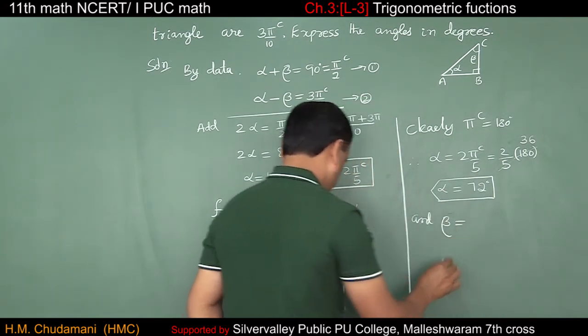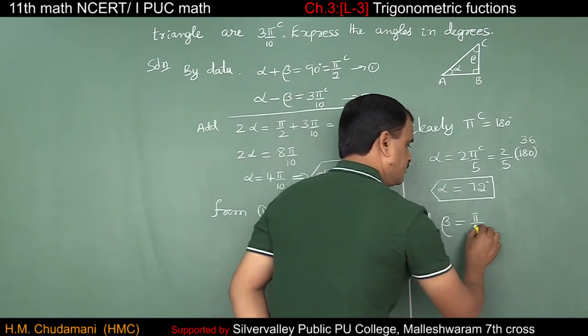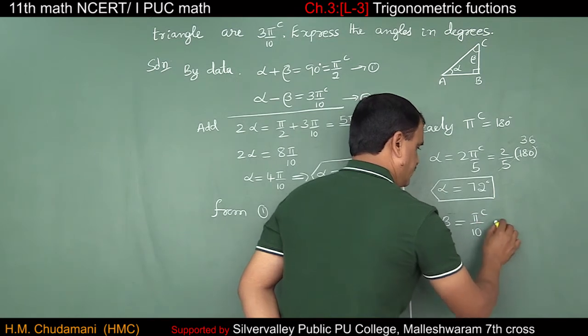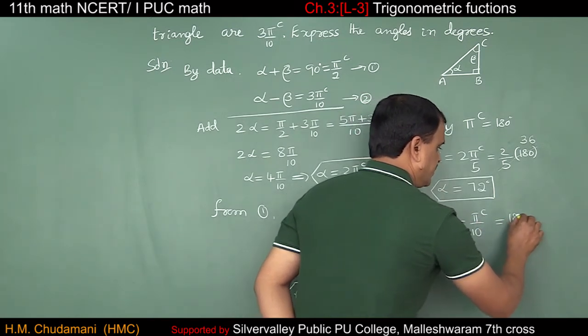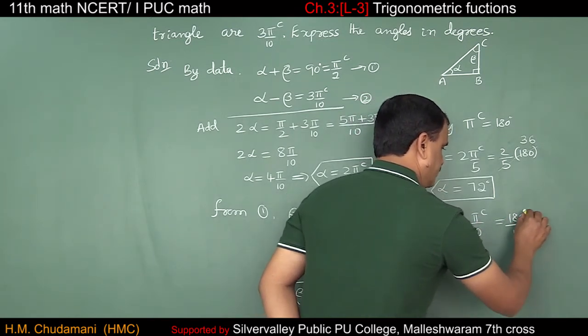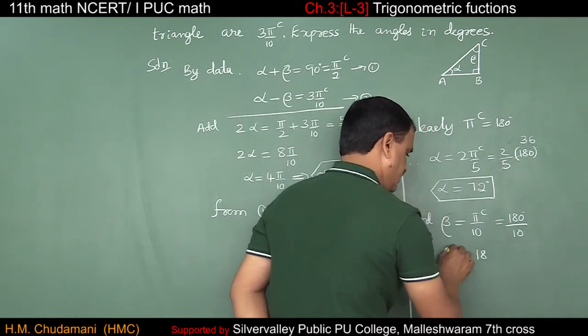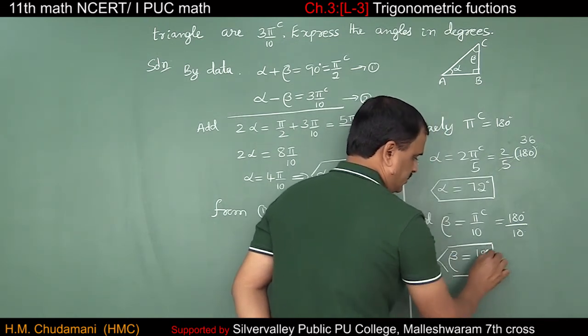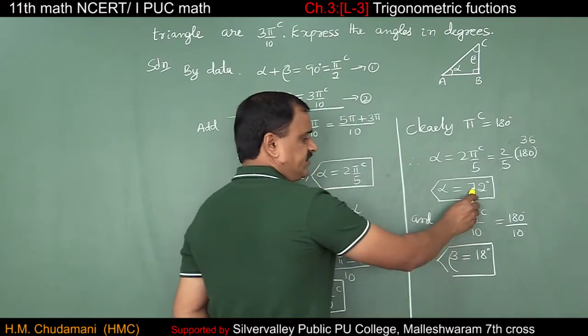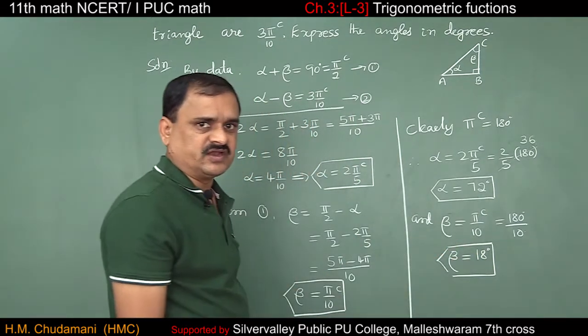Beta is equal to pi divided by 10 radian, pi is 180 divided by 10, so beta is 18 degrees. 72 plus 18 is 90 degrees.